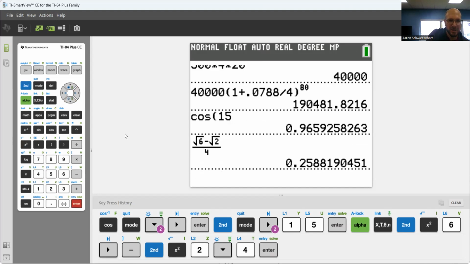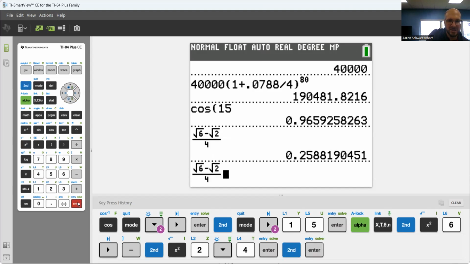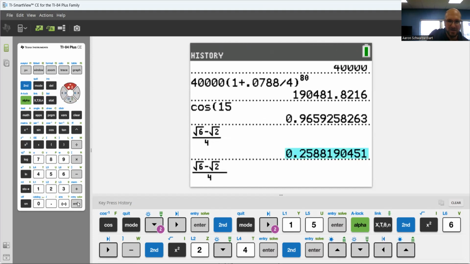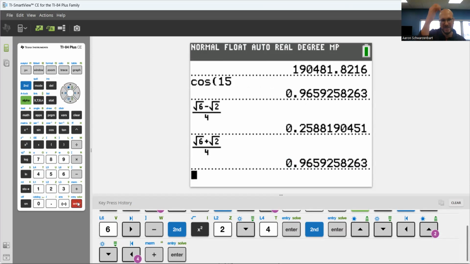Oops, it's not supposed to be a minus. To replace that, I'm going to do second entry. That will give me my answer, and I can see that the cosine of 15 is there.